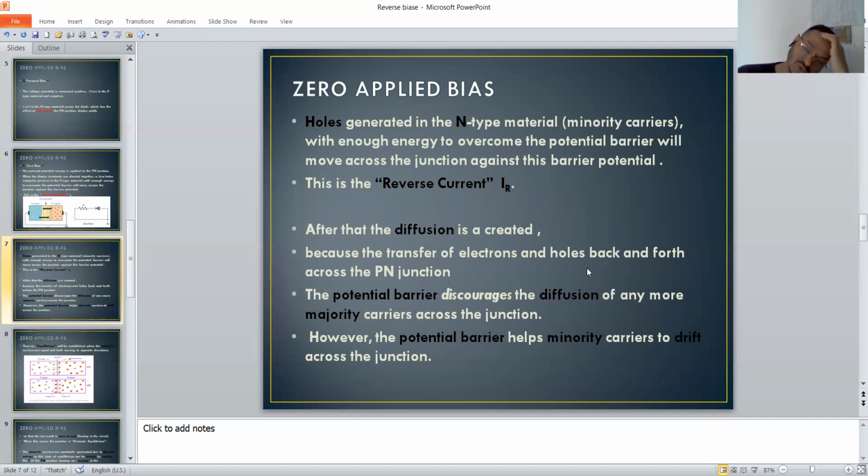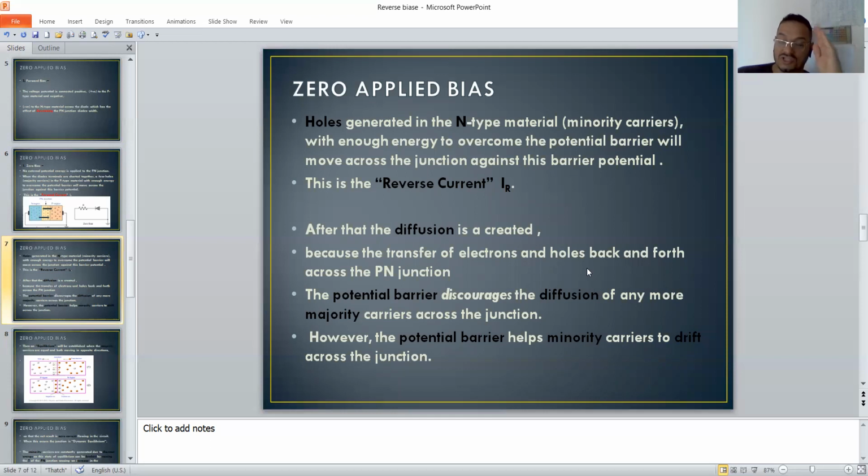Here, the diffusion deals with the majority across the junction, and the potential barrier discourages the minority carriers from drifting across the junction.